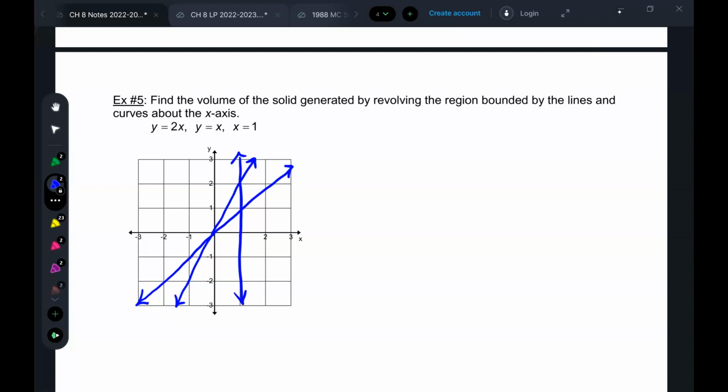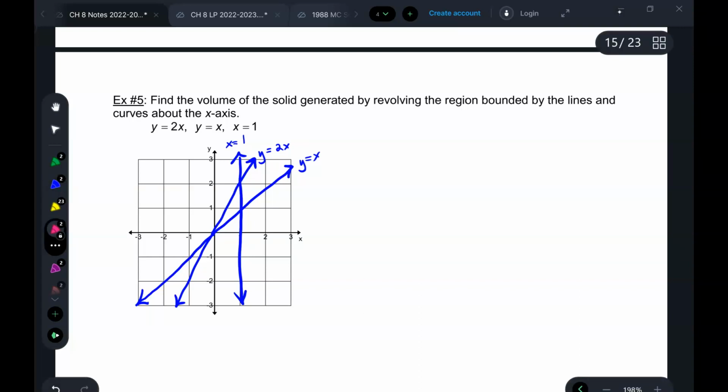Sorry, this one's y equals 2x. This one's y equals x. And we have x equals 1. So we get this little triangular region here.